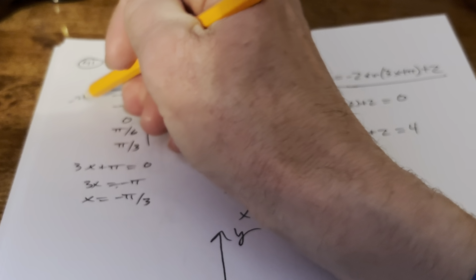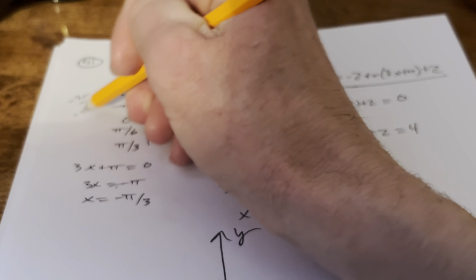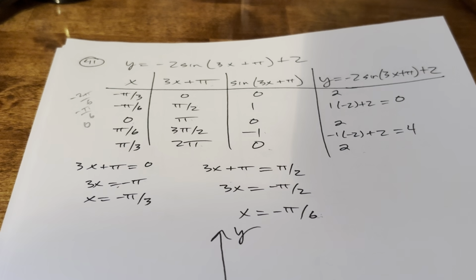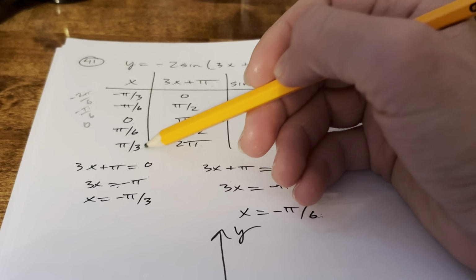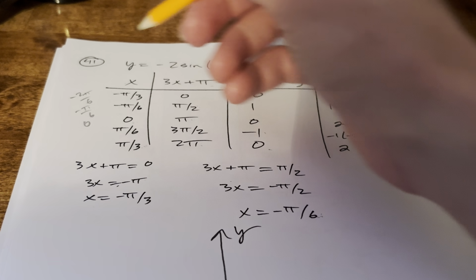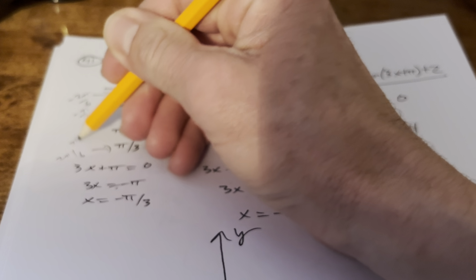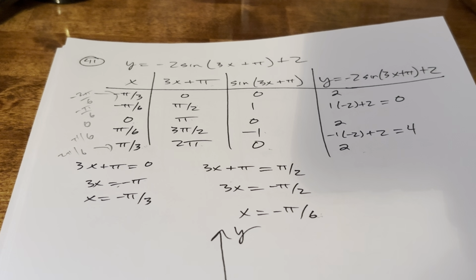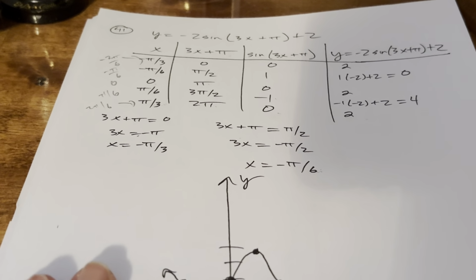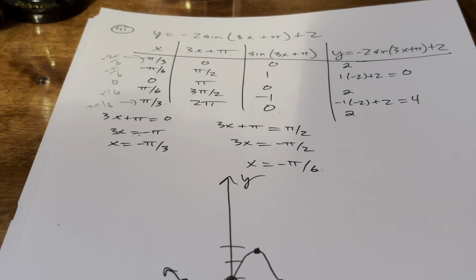So I have -2 pi over 6, -1 pi over 6, 0 pi over 6, 1 pi over 6, 2 pi over 6, and I just reduce. My period would be 2 pi divided by 3, and 1/3 minus -1/3 is 2/3.